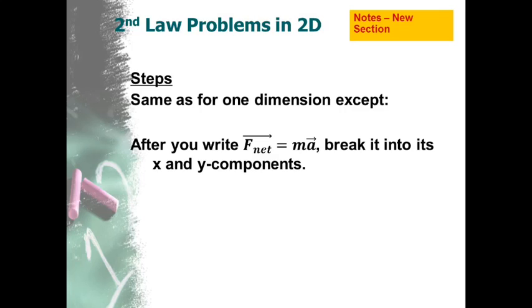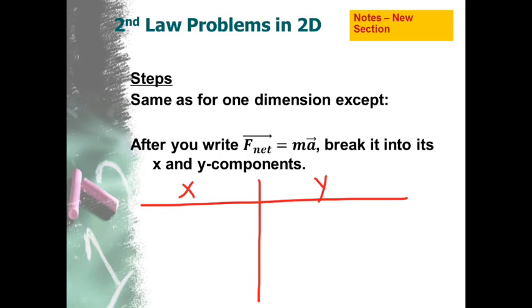Now, the process is the same as dealing with problems in 1 dimension, except after you write your second law equation down, you're going to break it into its x and y components. Just like what we did in the last unit with projectile motion, where we wrote an x and y and separated those, you're going to do the same thing for force or free body diagrams.